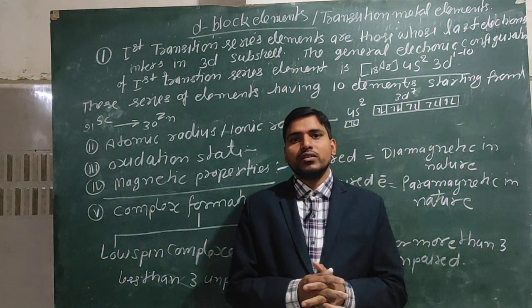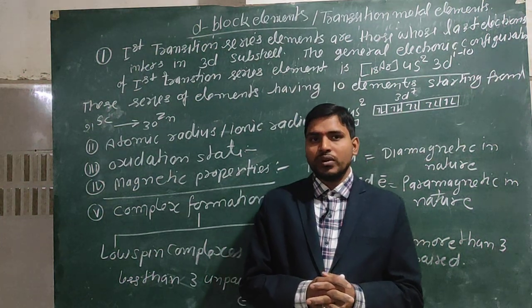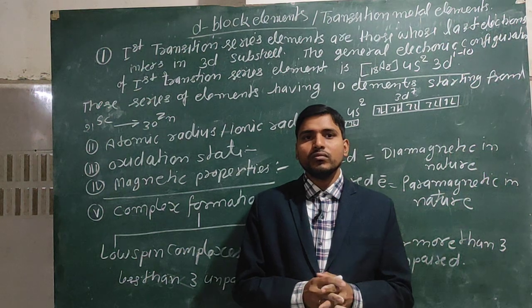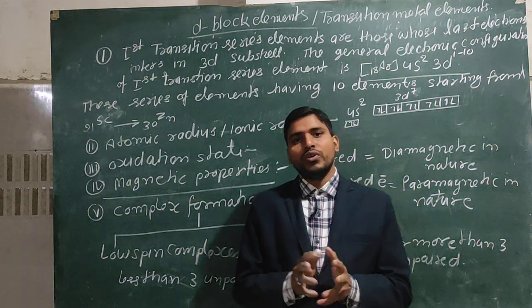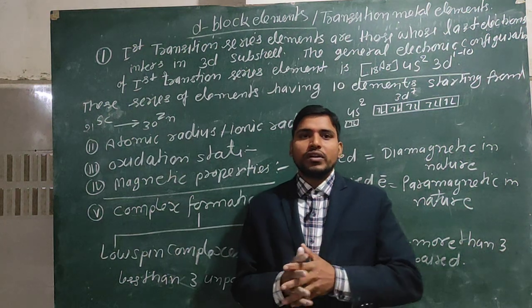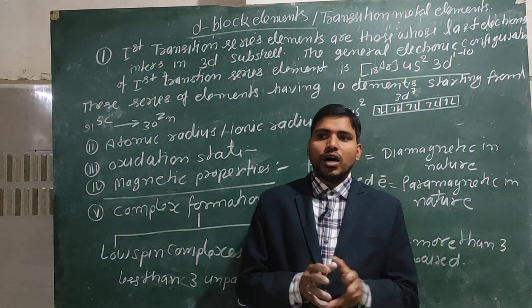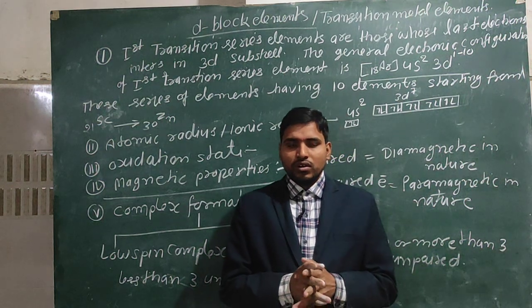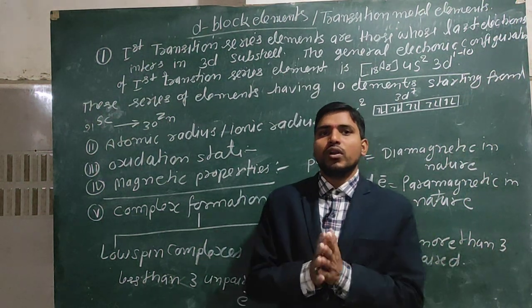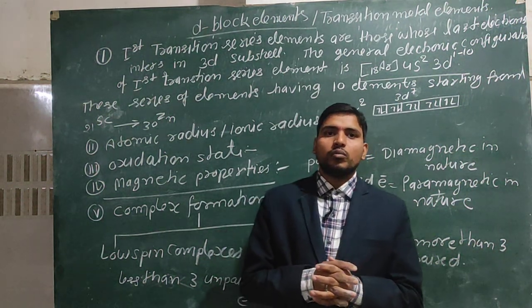You can explain that all those complexes in which d-d transition is possible always form colored complexes, and all those transition metal elements in which d-d transition is not possible form colorless complexes.